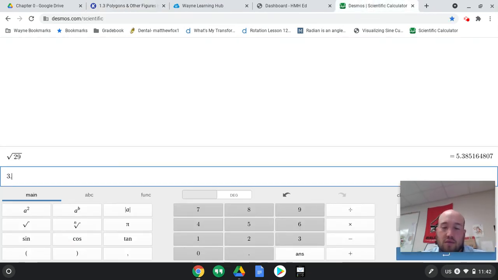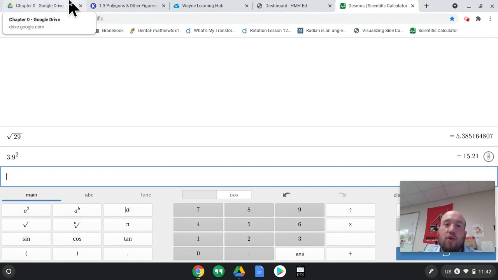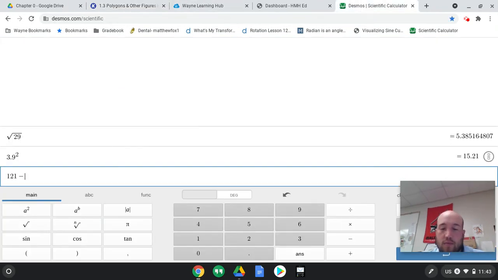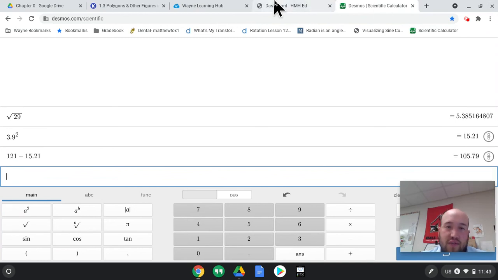So we go over here, type 3.9, and hit the squared button, and get 15.21. Now we subtract that from 121. So 121 minus 15.21, and I get 105.79.